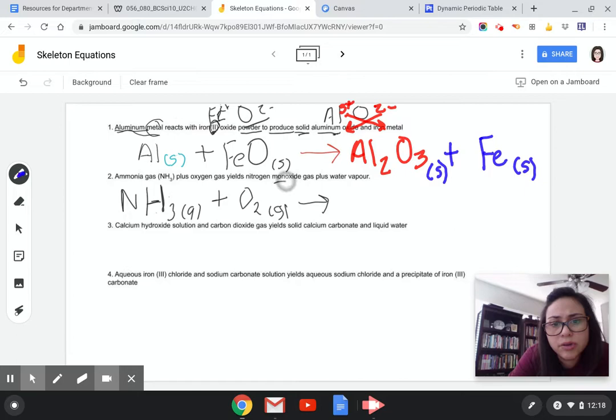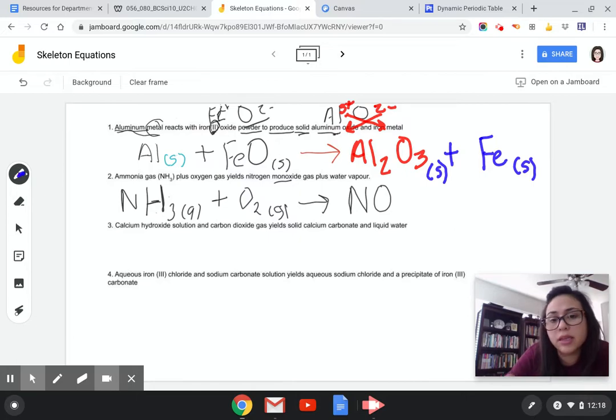Nitrogen monoxide. So notice monoxide is there, which means that's a prefix, which should indicate that that is a covalent compound. So we're going to write the formula as N to represent nitrogen, and mono is 1. So we're just going to put the O. There's no need to put the 1. Okay, we ignore it.